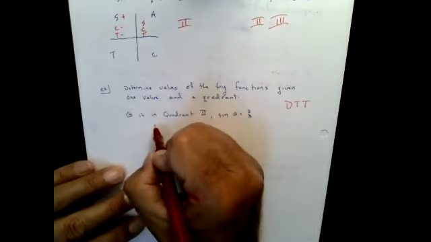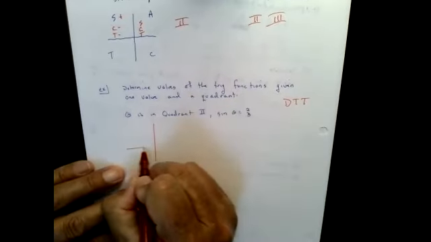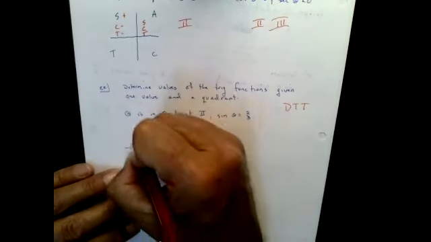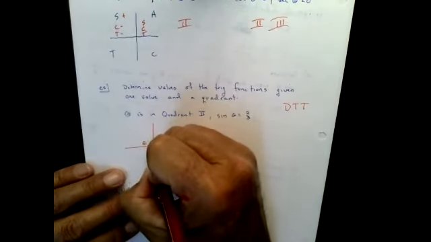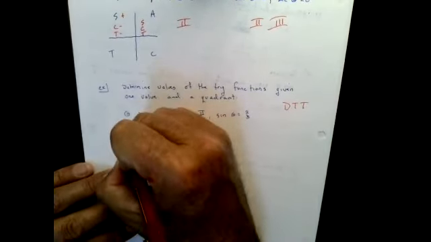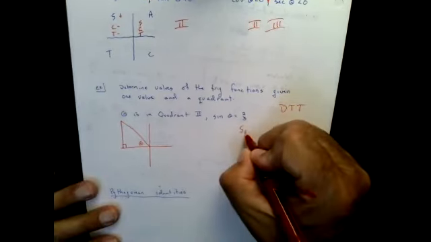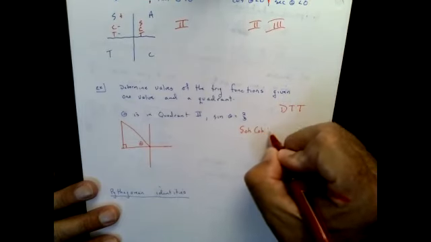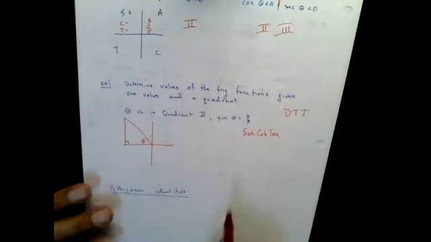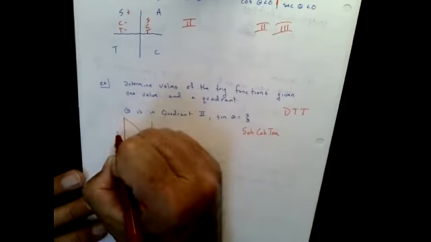Theta is in quadrant 2. Theta is here. There it is. And I have something going that looks like that. Okay. Sine of theta, SOH-CAH-TOA, is 2/3. Opposite is 2.